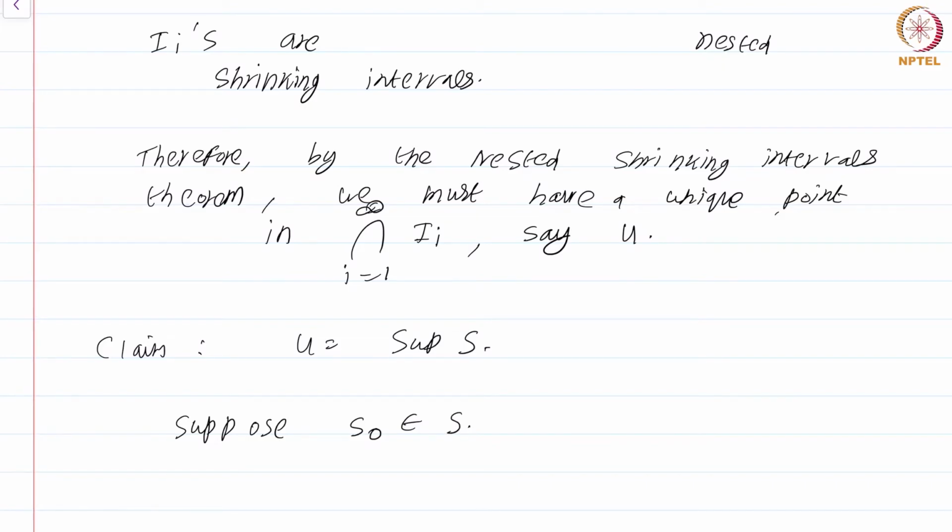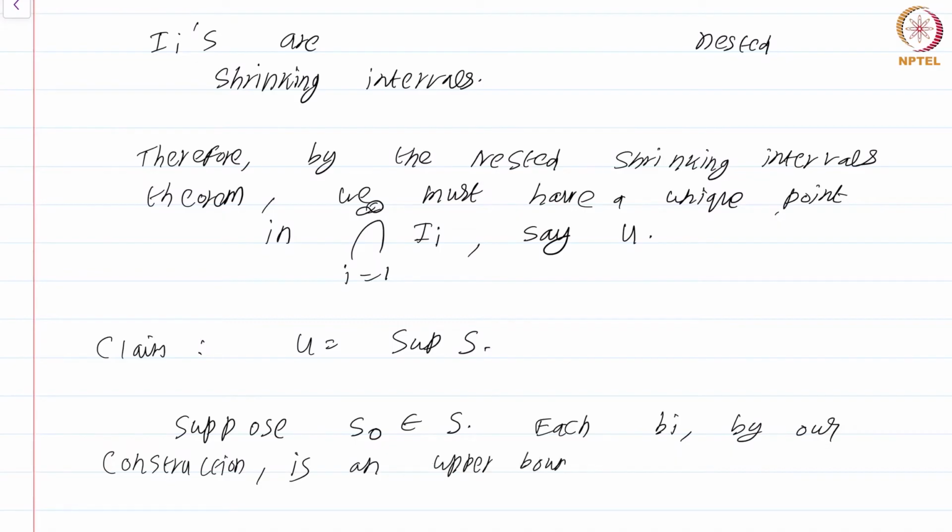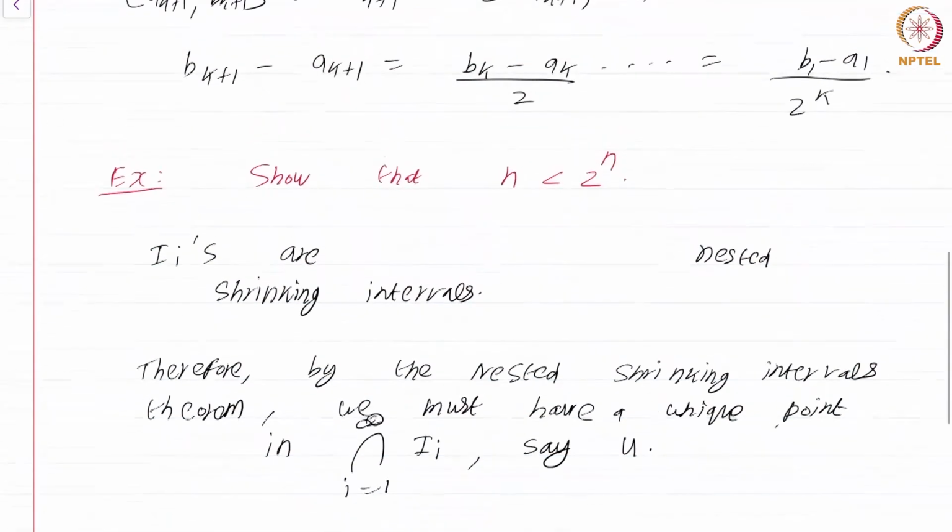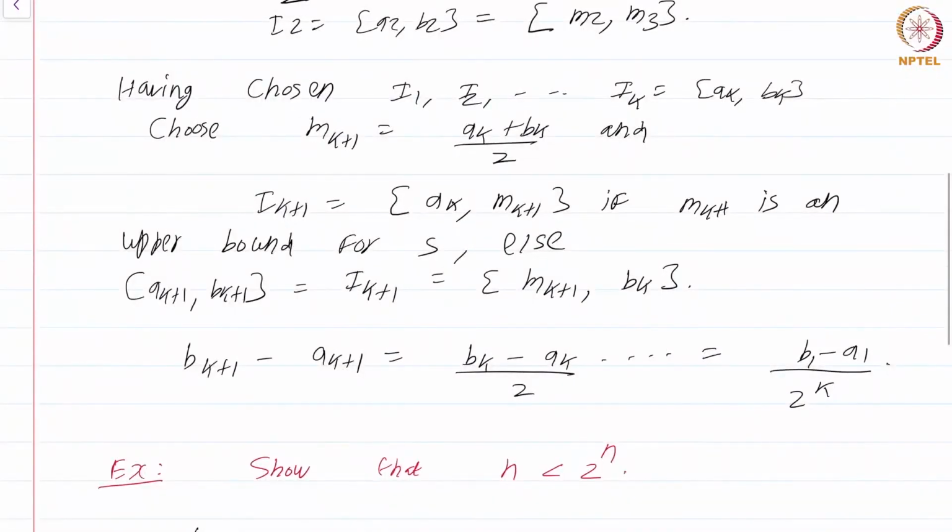Okay. Now, first of all, observe that each Bₙ, by our construction, is an upper bound for S. That's how we constructed each one of the Iₙs.